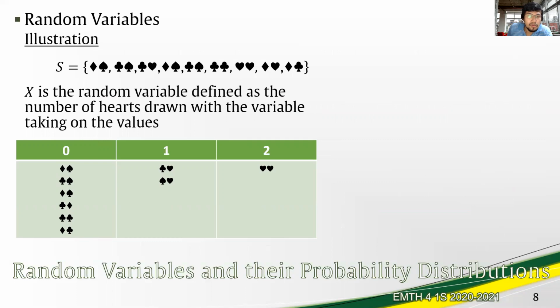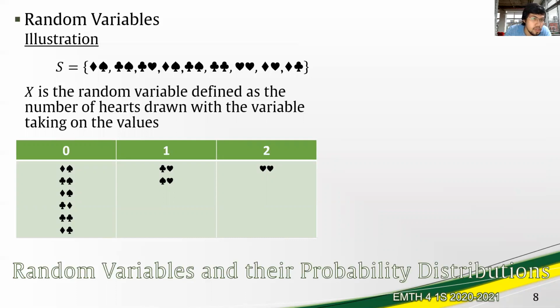From the table, we can actually compute for the fraction of the number of occurrences of 0, 1, and 2 heart card drawings. This mirrors their chance of occurrence. But the more you draw, the more this fraction takes on the value of the actual probability of occurrence.